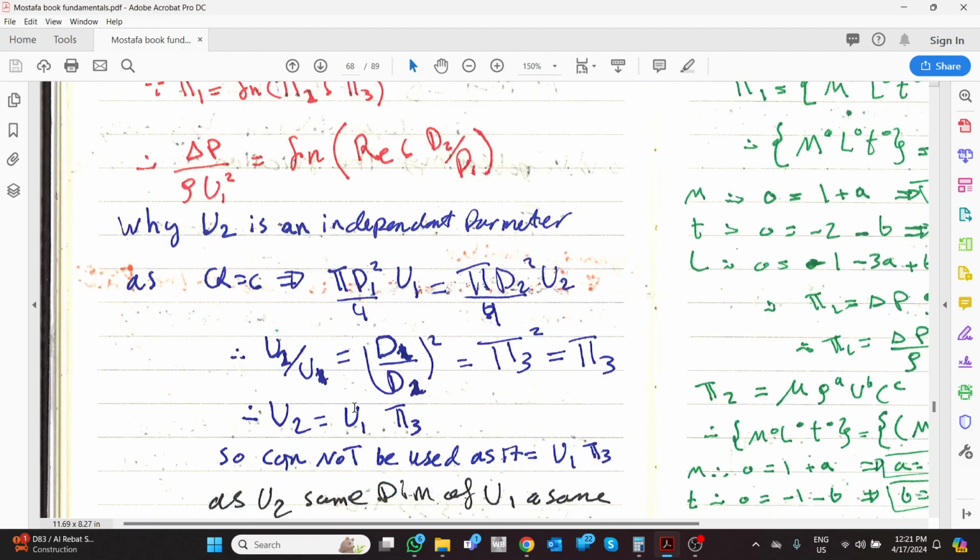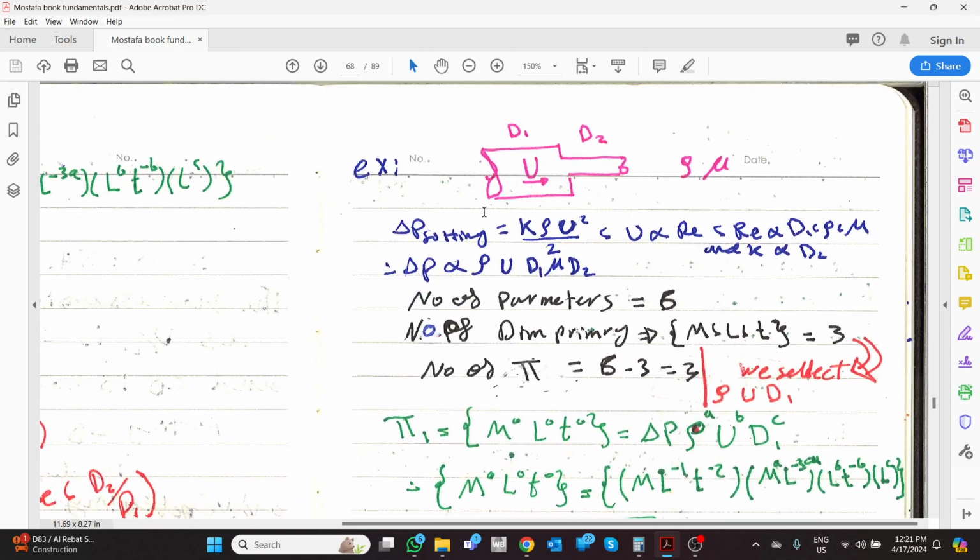Okay. We need to ask ourselves why we didn't say that delta P is a function of rho, u, d1, mu, d2, and u2.